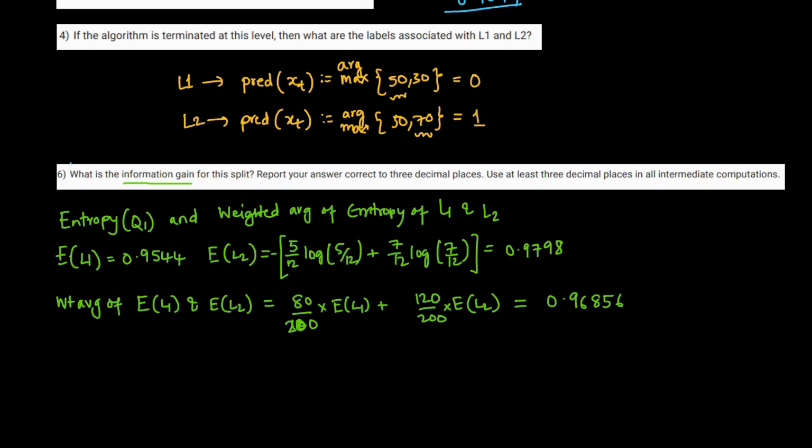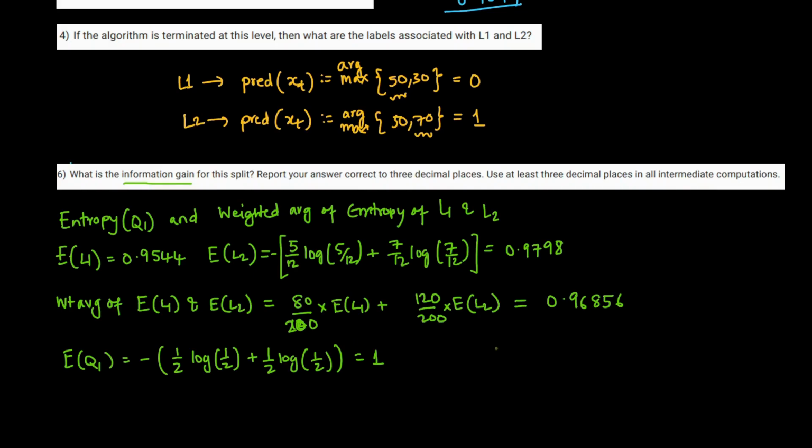That means the entropy of Q1 is equal to negative of half times log of half plus half times log of half, right? Now this will be equal to 1. In fact, we obtain the highest entropy when the data points are equally divided between the classes, right?